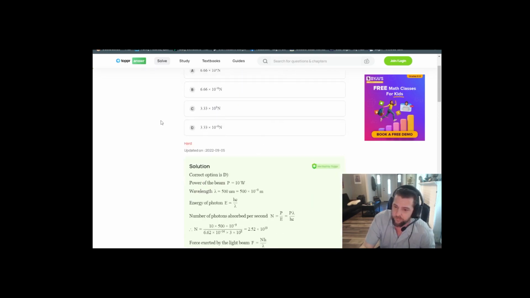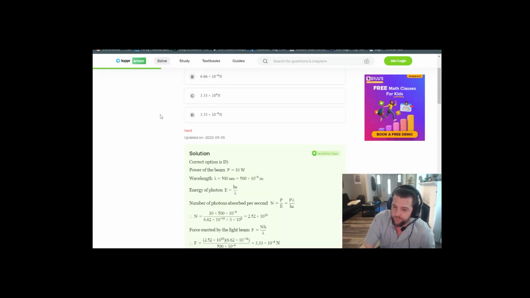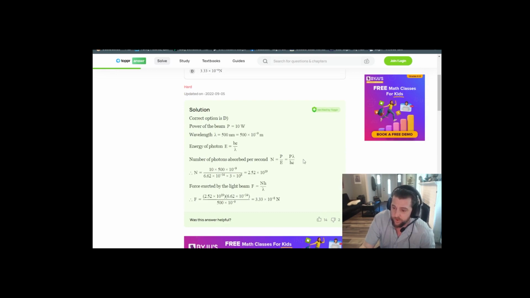This is just some more stuff, but they show their math. They show the formulas which we want to play around with, right? And this is a really good one, it looks like, because it's the force exerted by a light beam. So this formula is saying it can calculate how much force photons in a light beam will generate on something.